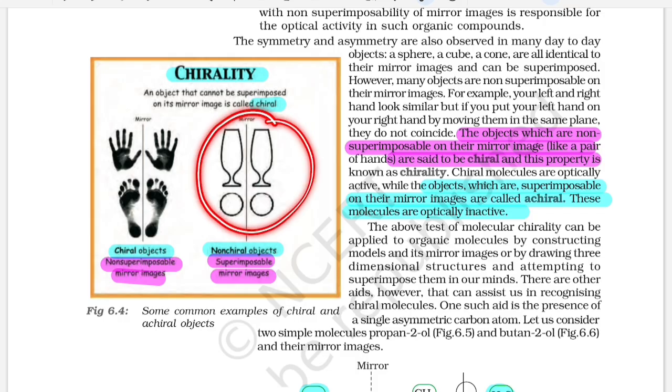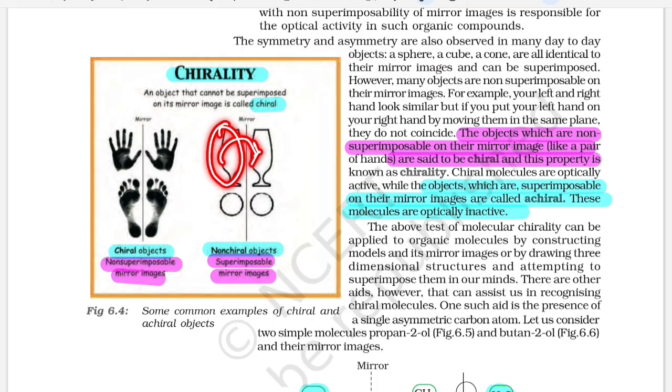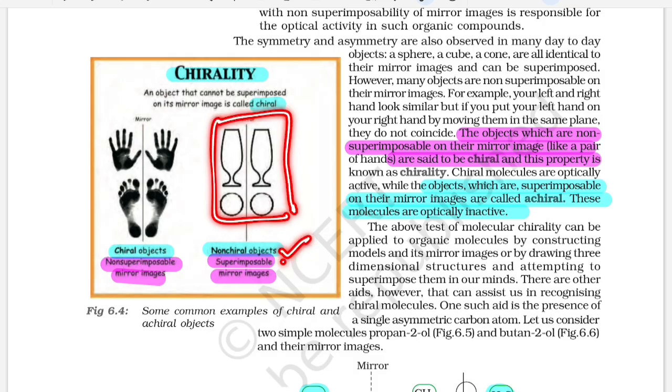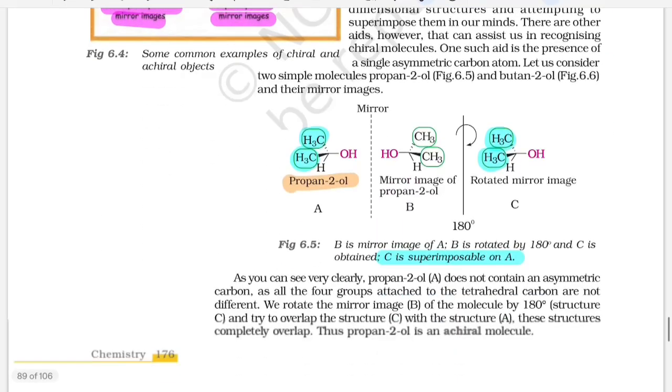And here these are superimposable, so such objects are called non-chiral. Superimposable means take this and place it on this one, and exactly they will fit on each other. That is called superimposable mirror images. If it is superimposable, they are called non-chiral or achiral. If it is non-superimposable, then it is called chiral.